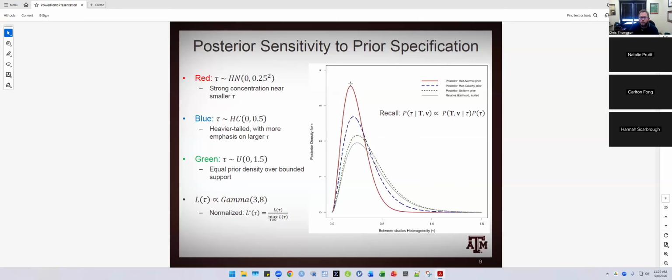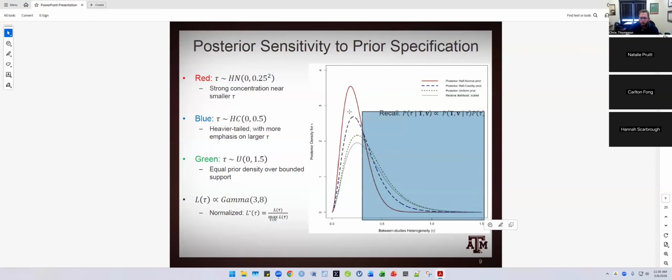And again, we see nearly the same mode or peak. I don't know that it's exactly the same, but it's pretty darn close. But it's the peakedness and the behavior in the tails that is where all the action is, right?